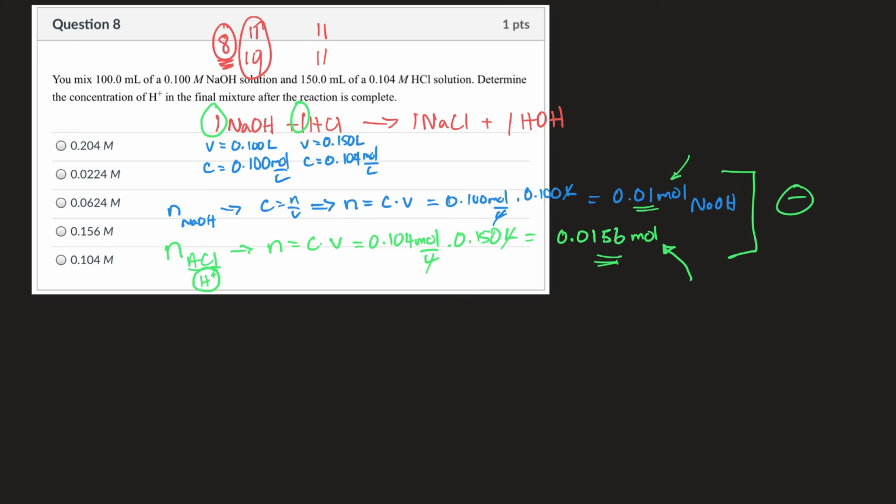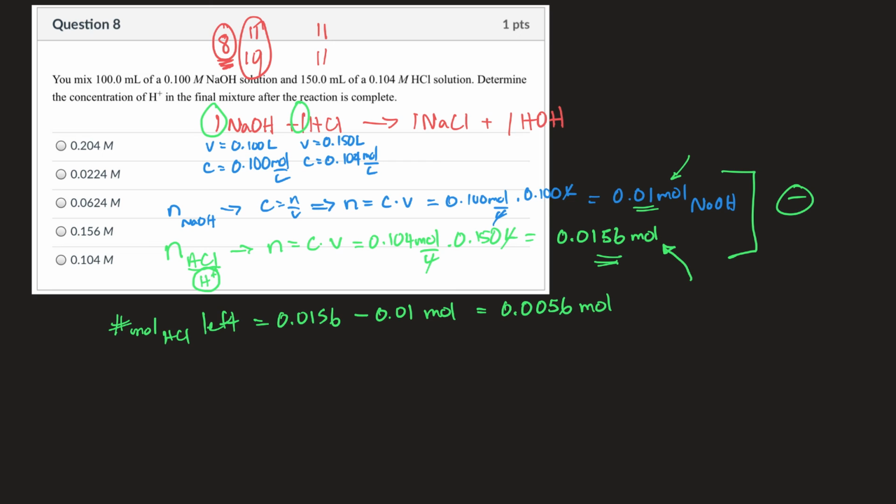So let's subtract. The number of moles of HCl left in the solution will be 0.0156 minus 0.01 moles. And when you subtract those, I think that gives you 0.0056 moles. Is that right?